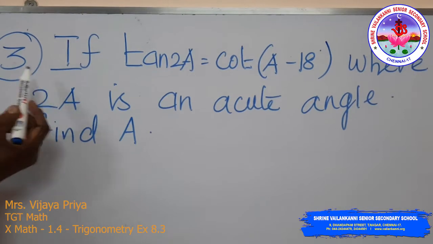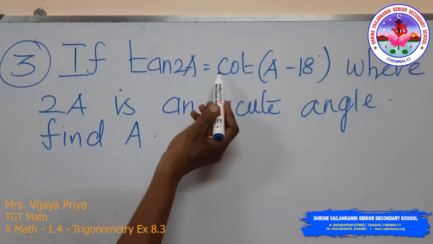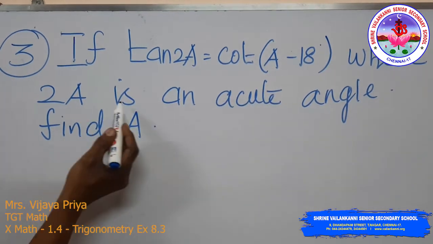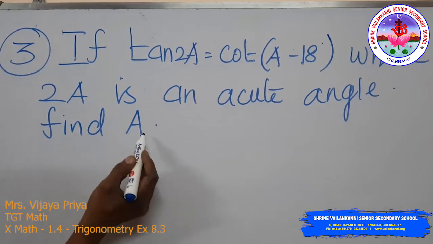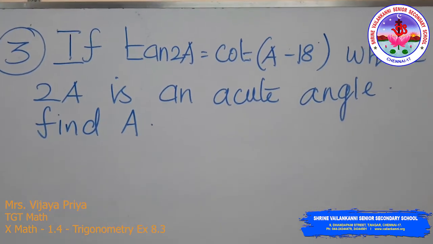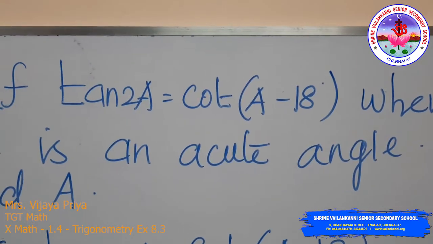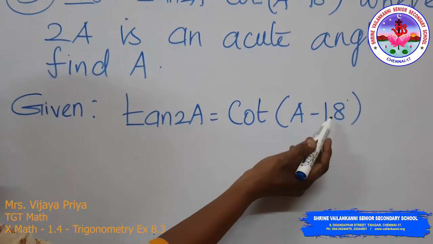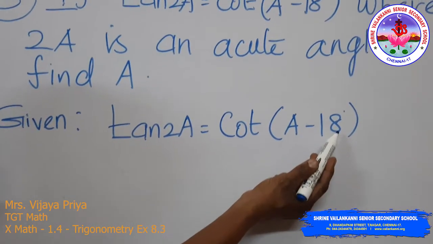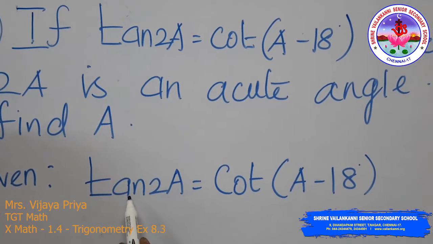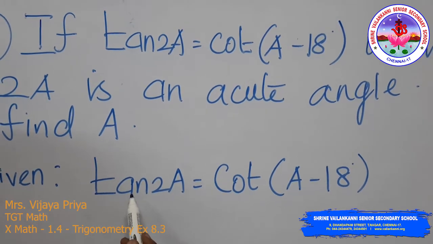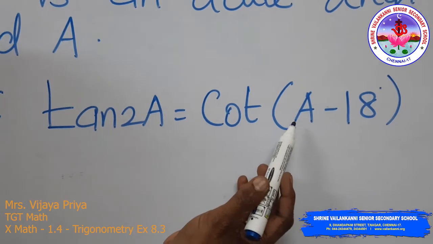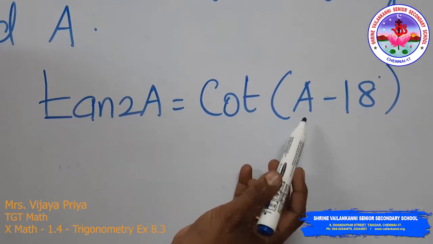Third problem. If tan 2a is equal to cot of a minus 18, where 2a is an acute angle, find a. Given tan 2a is equal to cot of a minus 18 degree, we are going to change our left hand side or right hand side, any one case, into a complementary function.